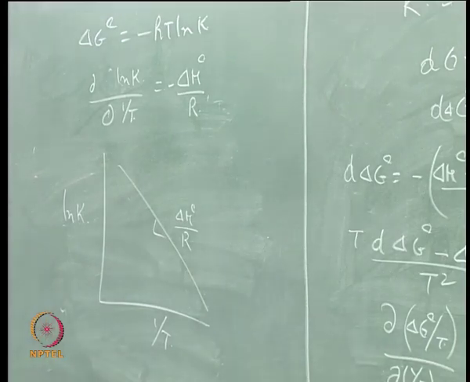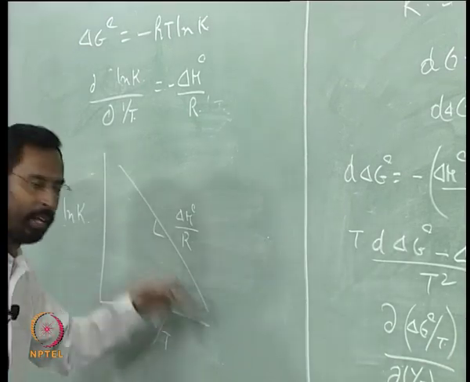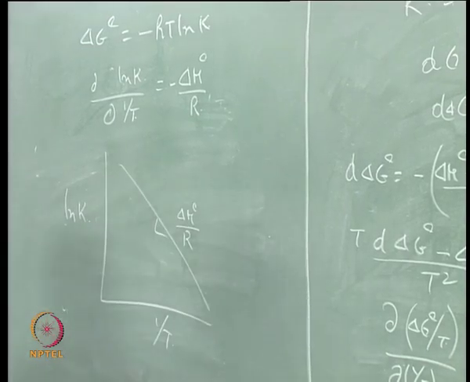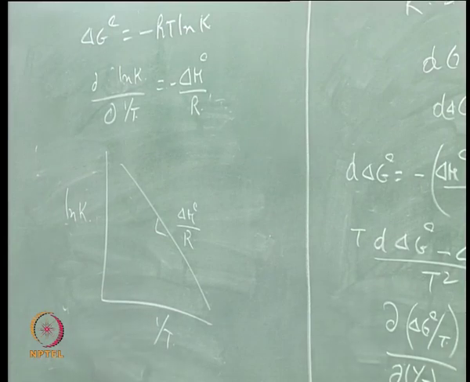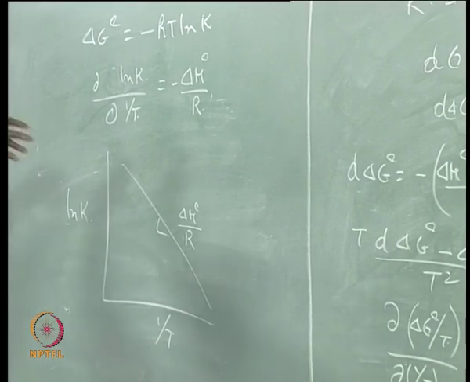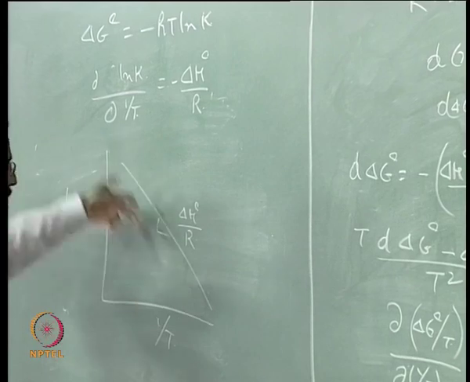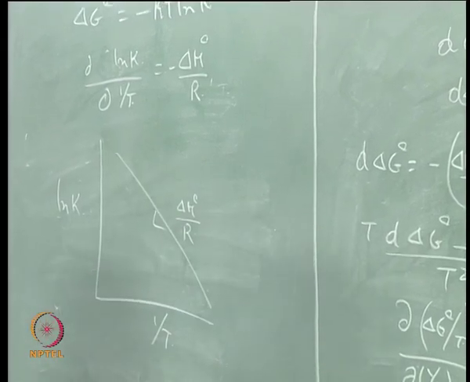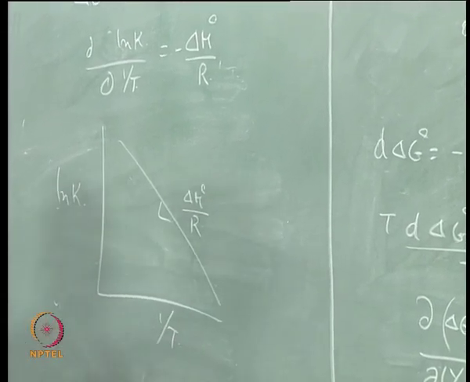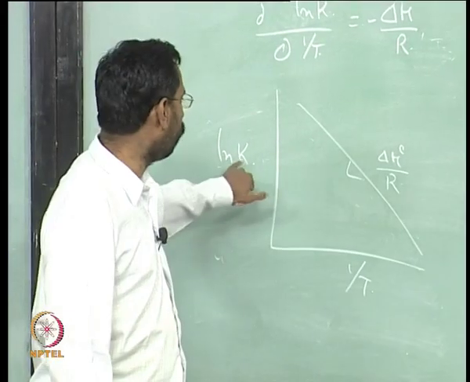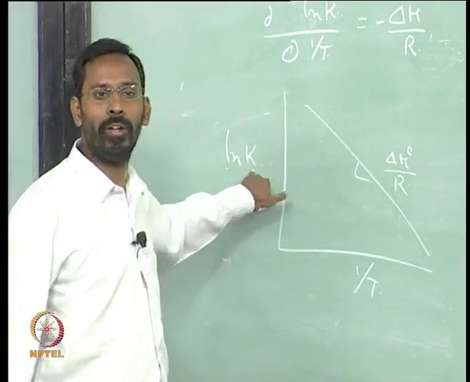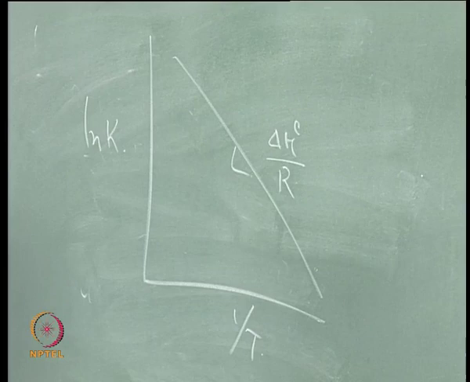Of course it depends on how accurate your measurements are to see whether this will be a good fit or not a good fit, depends on your actual measurements, and as long as the measurements are right, this gives you a good fit. If I do it at let us say 4 different temperatures and find out what is the K at all these 4 different temperatures, how do I find out what is the K?